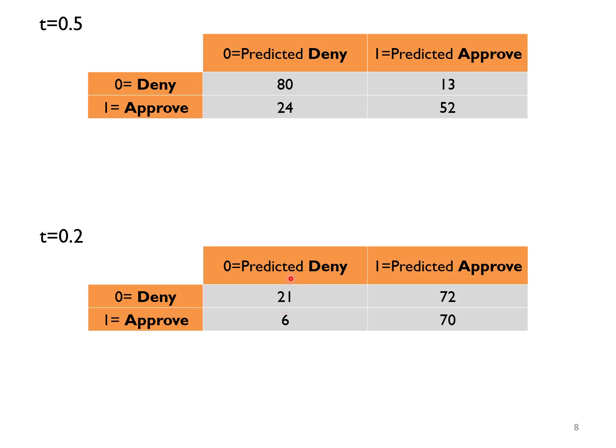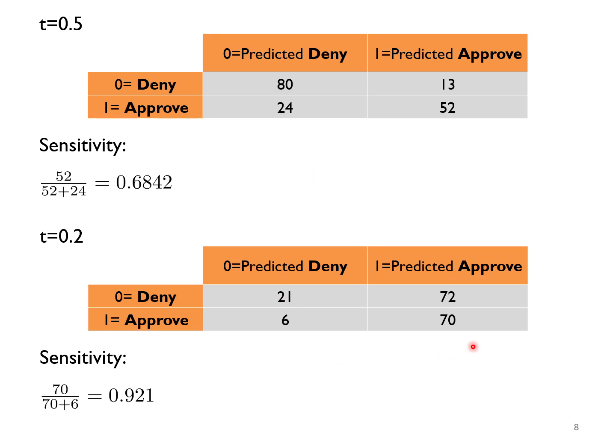The sensitivity when t was 0.5 is the number of times my model predicted correctly over the total number of true cases, or 1 cases. For the same model output with a different threshold value, my sensitivity actually changes. It goes up, and that makes sense because the threshold value got smaller. That means my model is predicting 1 more frequently, and so it's going to catch a lot of those true cases more often.